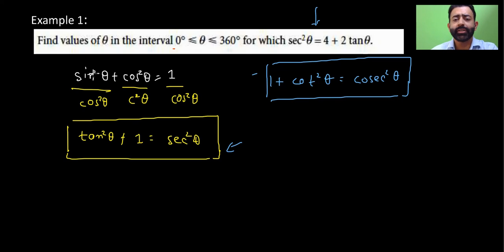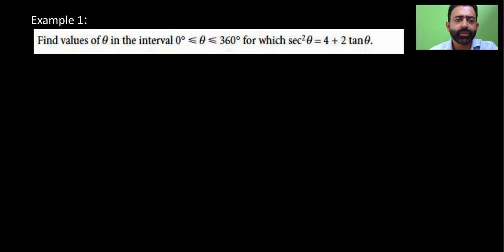Fine. So now let us solve this question. As I have said just now, this sec square theta will be replaced by 1 plus tan square theta. So let us quickly replace this with 1 plus tan square theta, that is your LHS, equal to 4 plus 2 tan theta.